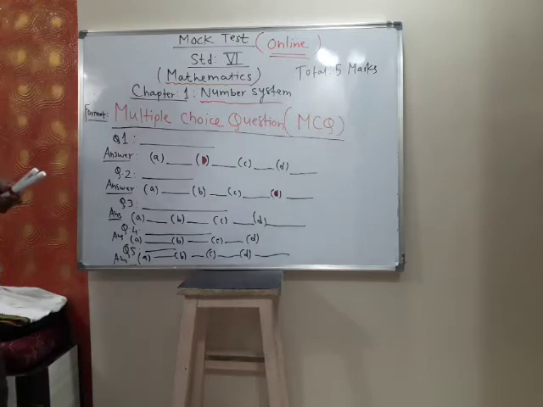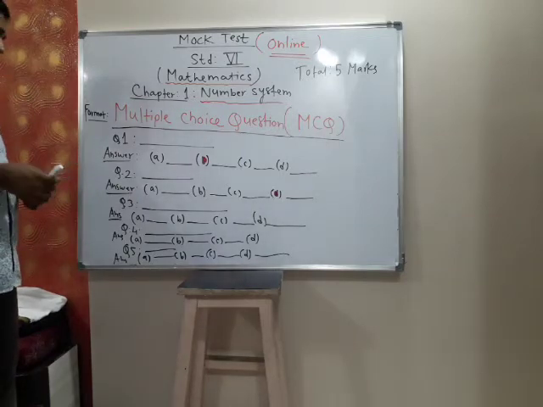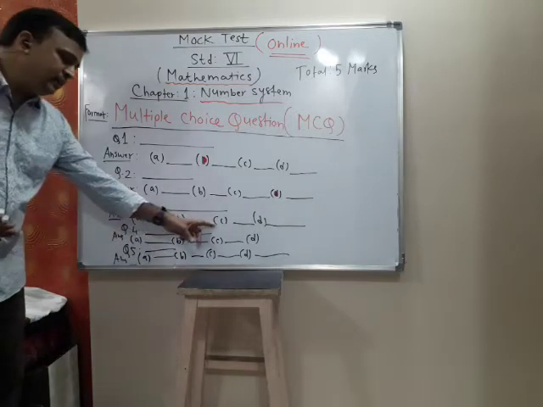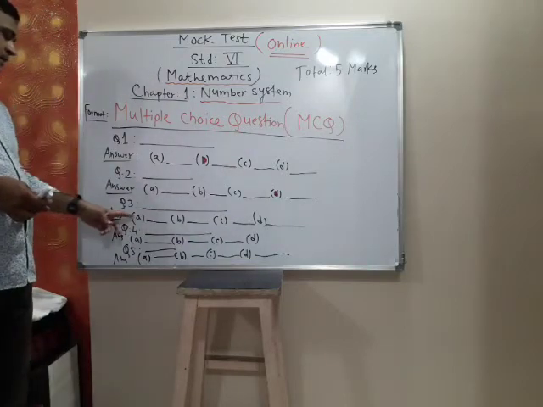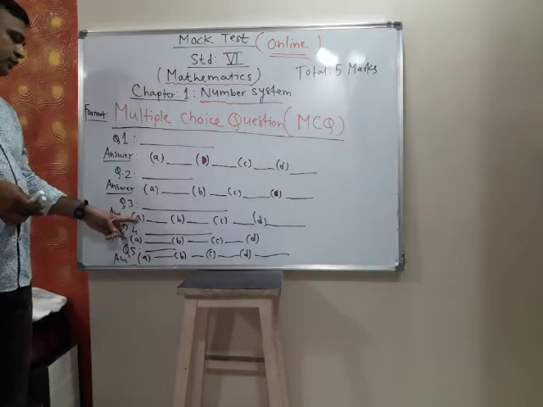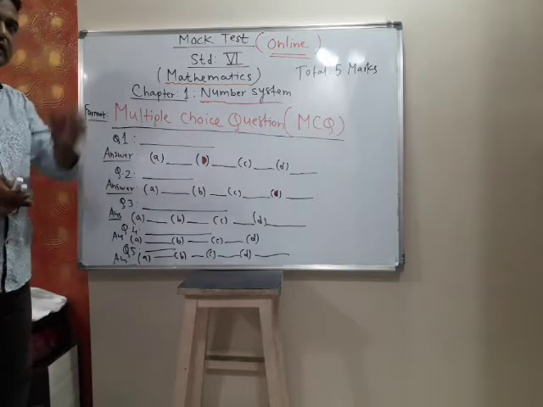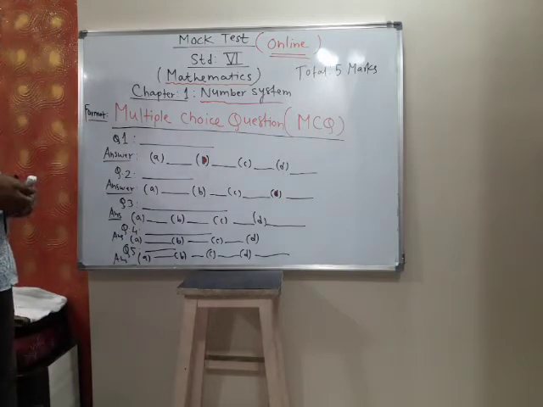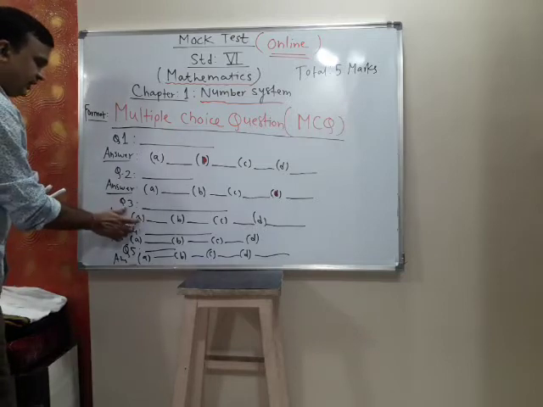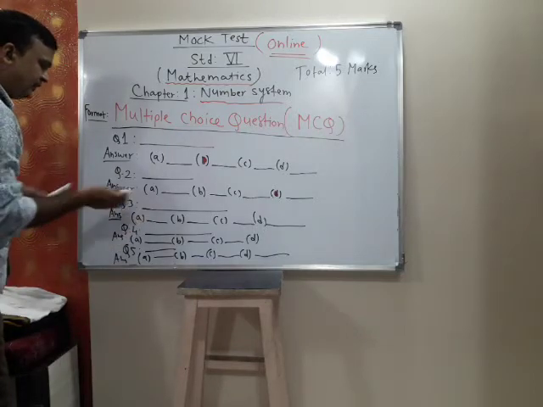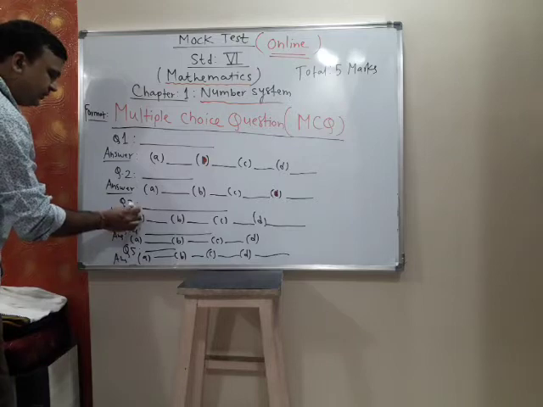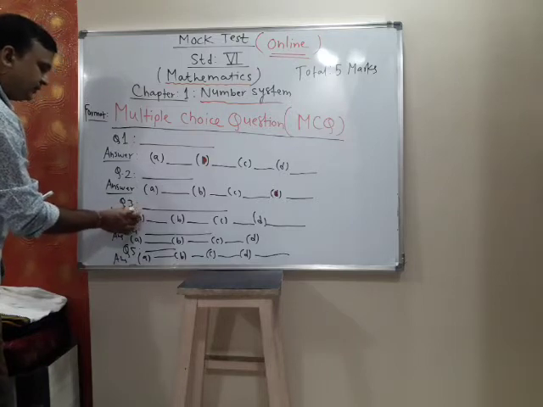For question number 3, again there will be 4 options, A, B, C, D, and out of these 4 options, only one will be correct. Suppose option A is correct, I will click A with my finger.